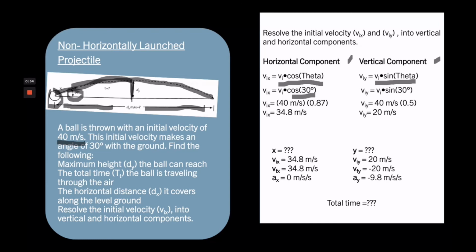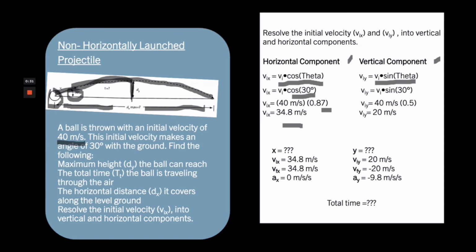You can check this on your scientific calculator, or you can actually check it on Google. Now, 40 meters per second times the value of cosine 30 degrees, which is 0.87, that would actually give you 34.8 meters per second. This is for our initial velocity for the x component.